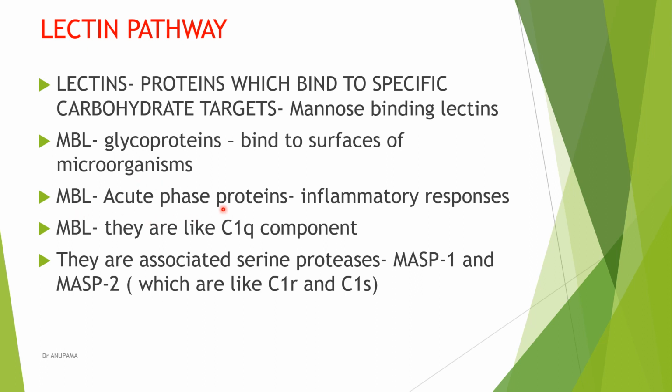MBLs are also acute phase proteins which participate in inflammatory responses, and these MBLs are like the C1q component of the classical pathway, and are associated with serine proteases called MASP1 and MASP2, that is, MBL-associated serine proteases. These serine proteases are like the C1R and C1S components. MASP1 is like C1R, MASP2 is like C1S.